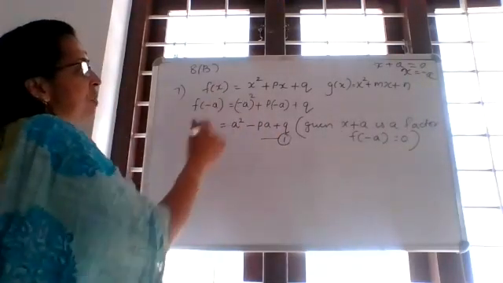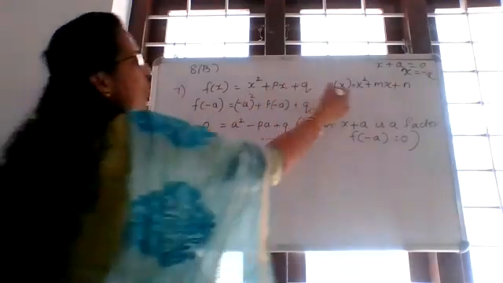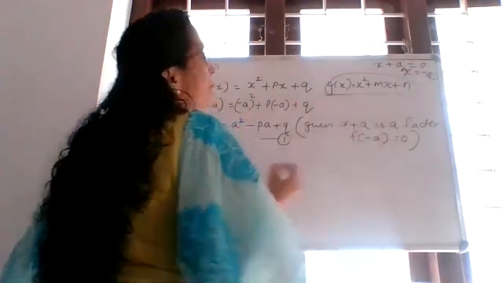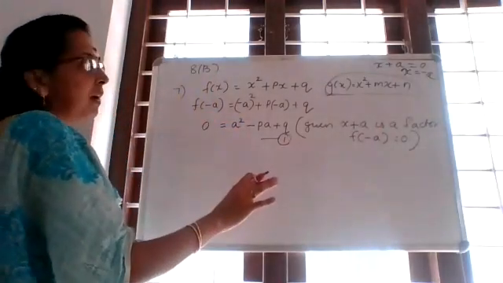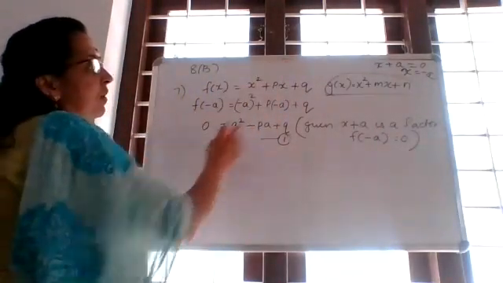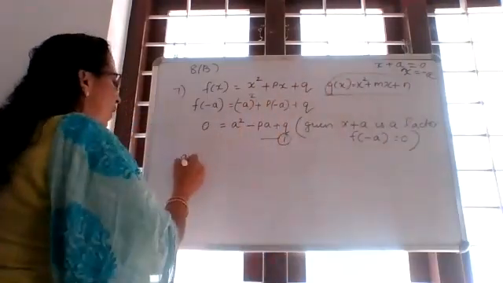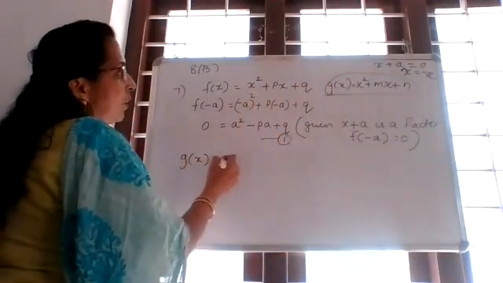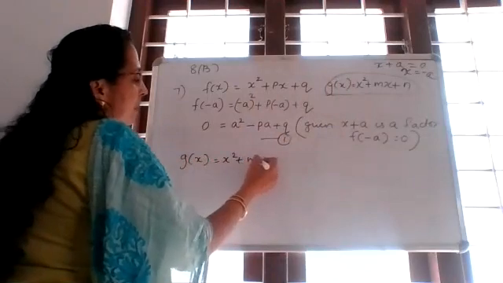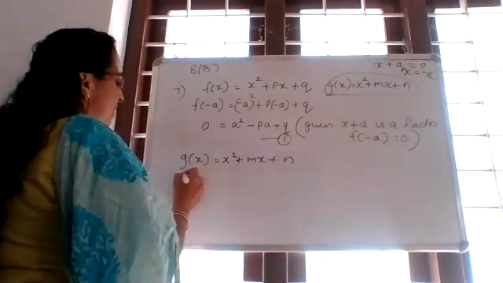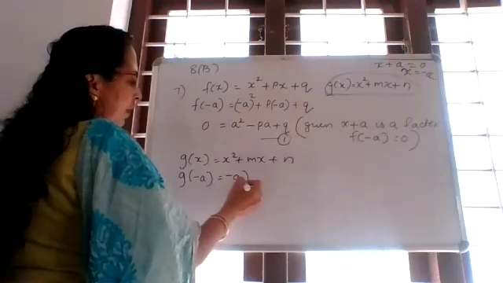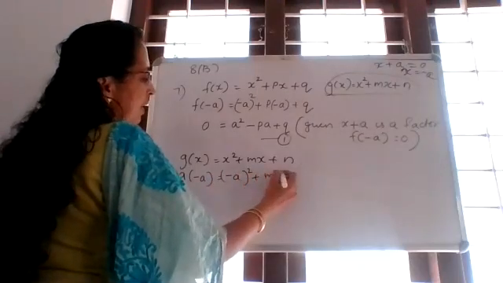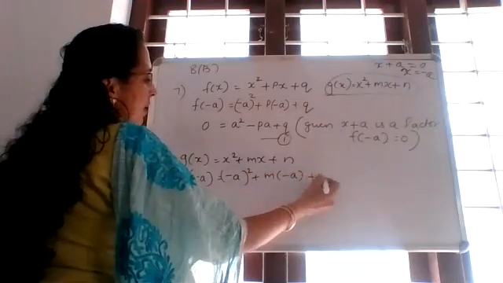Then next is given g of x. Given g of x is equal to x square plus mx plus n. x plus a is a factor, so we can replace x as negative a. So g of x we have x square plus mx plus n. Replace x as negative a: negative a the whole square plus m into negative a plus n.